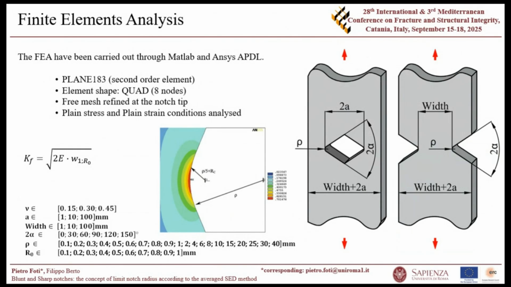Actually, starting from the equation that defines the method, it is possible to easily obtain that the fatigue strength reduction factor should be equal to the square root of 2 times the Young modulus times W1 R0, where W1 R0 is the value of the average strain energy density in a given control volume of radius R0 for the application of a nominal unit remote load. In this case, you can easily evaluate KF. So now we have everything to validate our assumption.